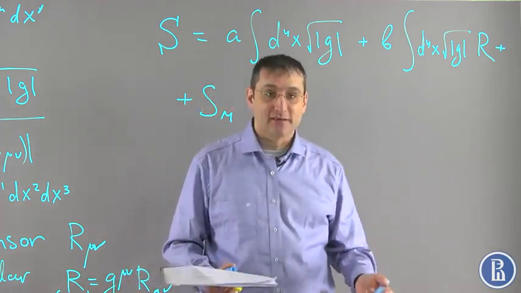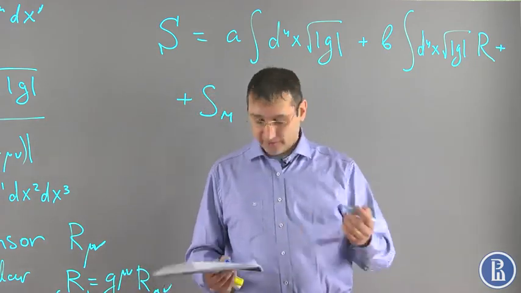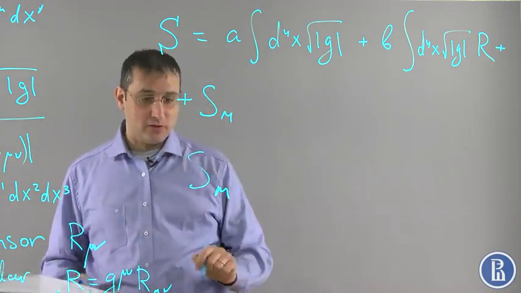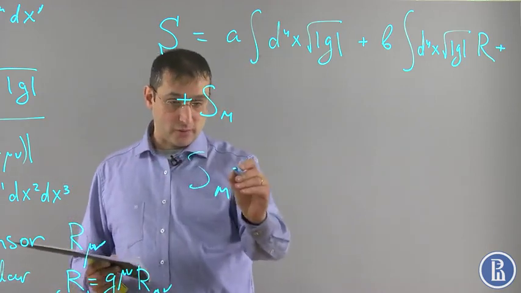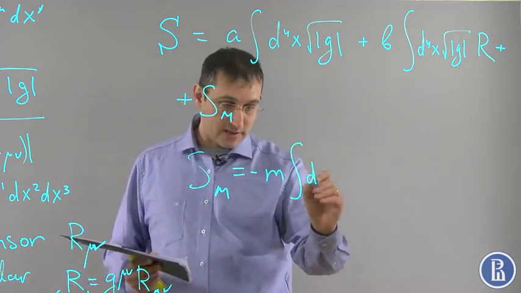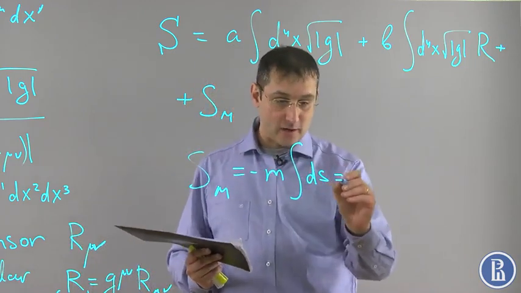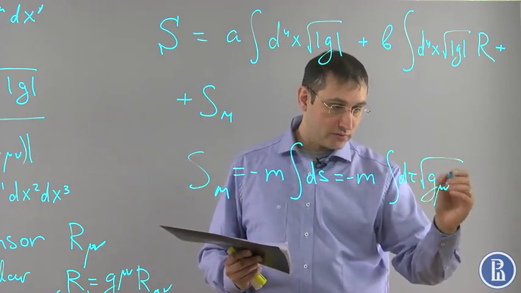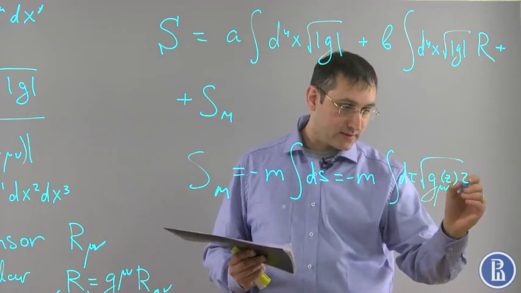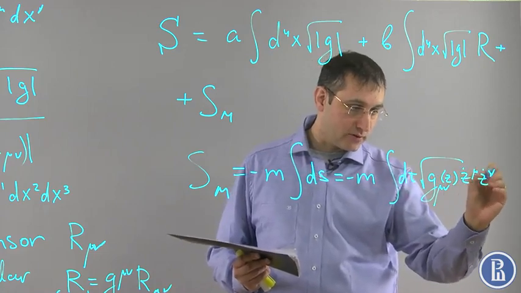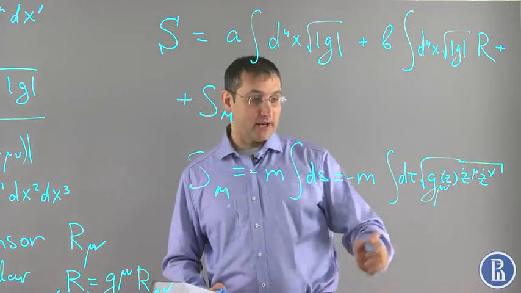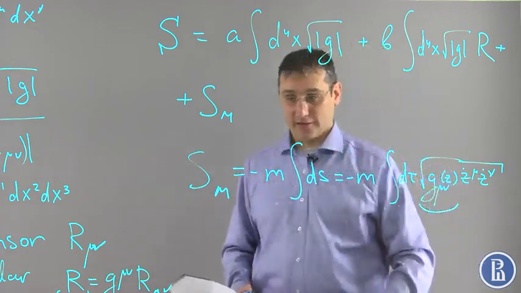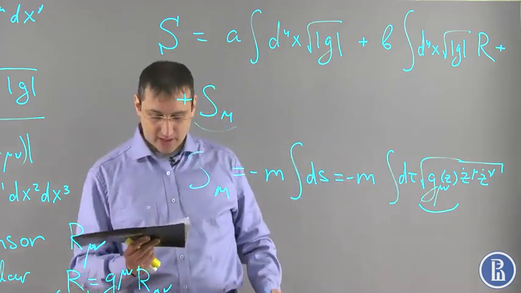The simplest case that we have already encountered during the first lecture is the action for particles. So the simplest example of this matter action is minus m integral over ds, and that is minus m integral over dτ square root of g_{μν}(z) ż^μ ż^ν. That exactly describes the coupling of the particle to the metric, and that is an example of matter which we have in mind.